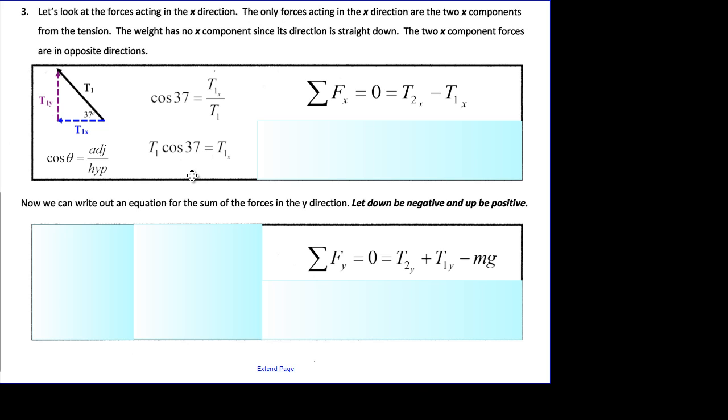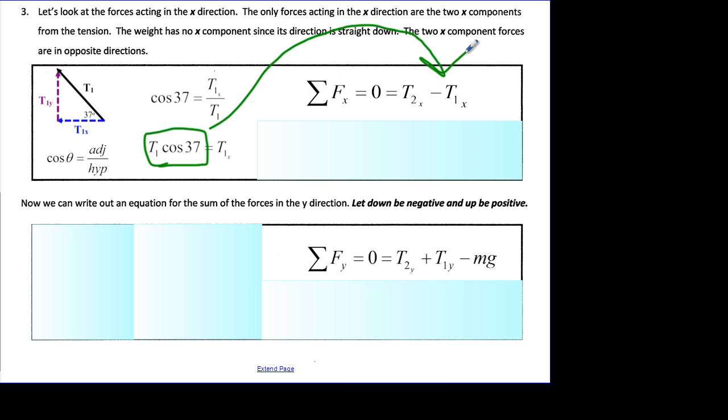But what we're going to do is take this statement and substitute it in for T1x. So instead of saying T2x minus T1x, we're going to say T2x minus T1 cosine 37.